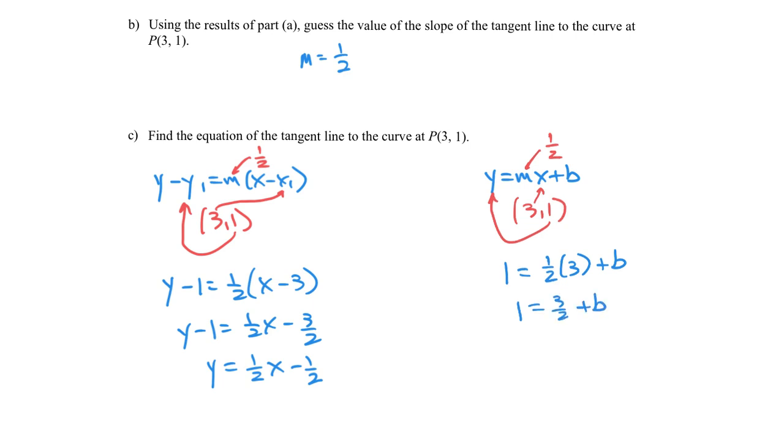So to get b, I need to subtract 3/2. So this is like 2/2 minus 3/2. So I get negative 1/2 for b. So with this technique, we've got our answer. With this technique over here, now we know what b is, and we already know what the slope is. So then when we plug everything in, we'll get the same thing. Y equals 1/2 x minus 1/2.